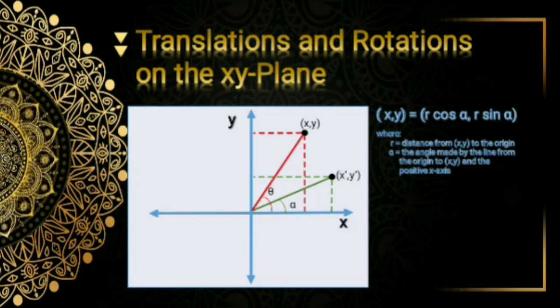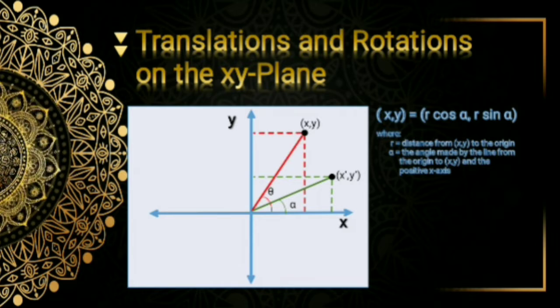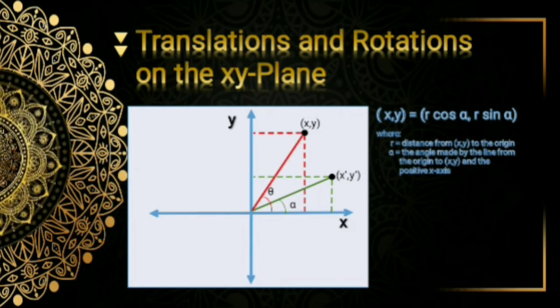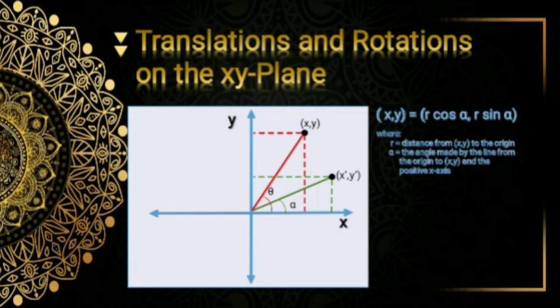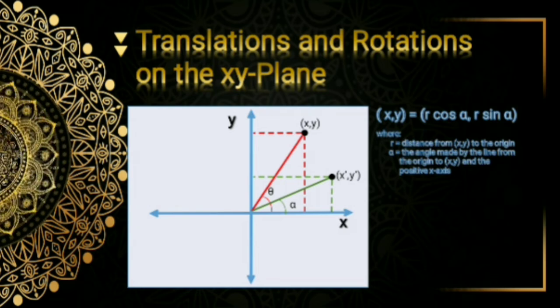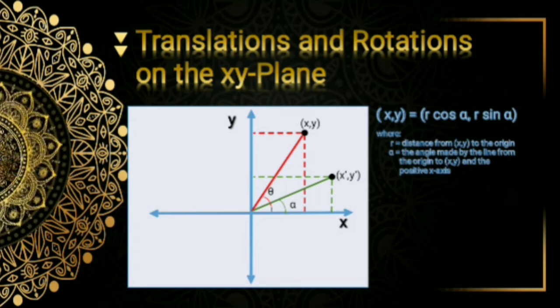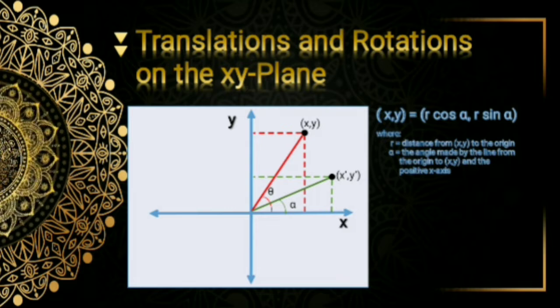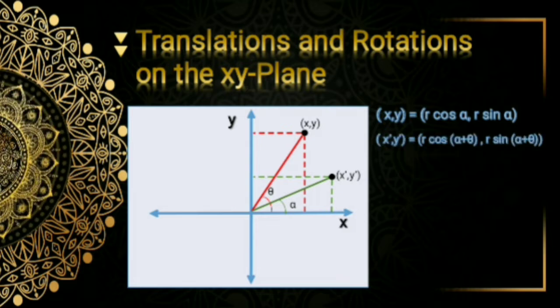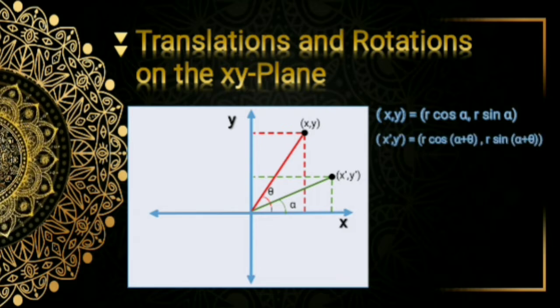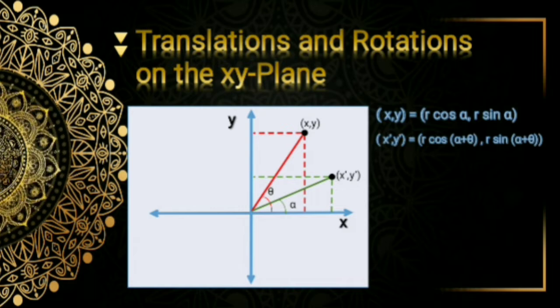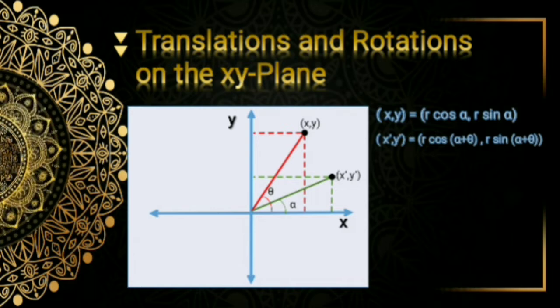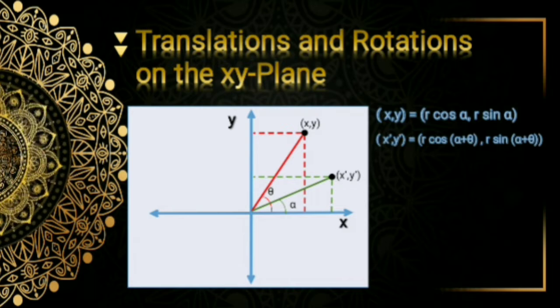After rotating xy by an angle of theta, the new point is still r units away from the origin, but now the angle made by the line from the origin to x prime, y prime and the positive x-axis increases by theta. Hence, x prime y prime is equal to r cos alpha plus theta, r sin alpha plus theta.